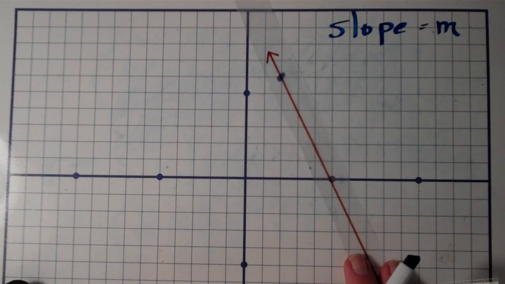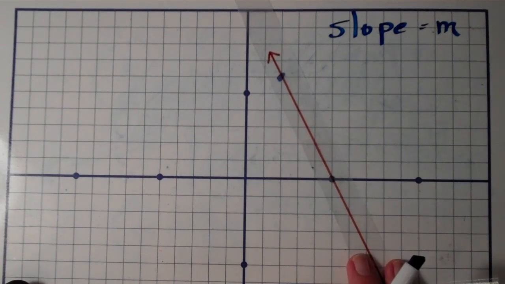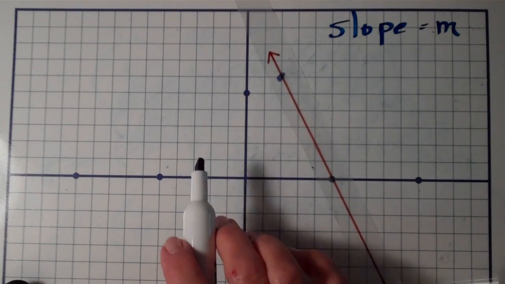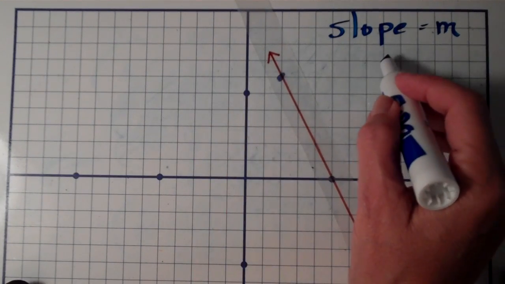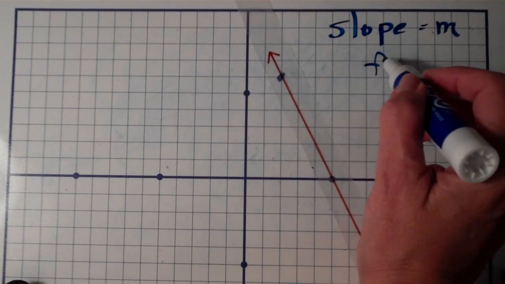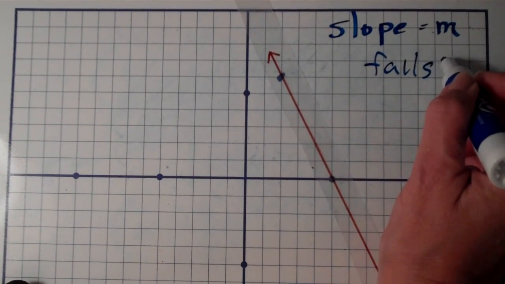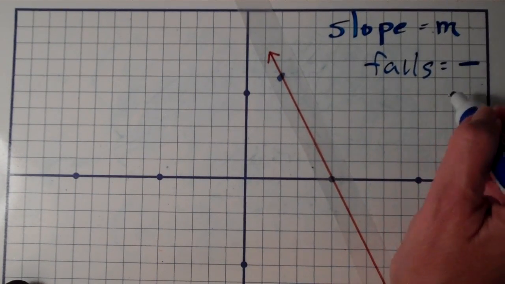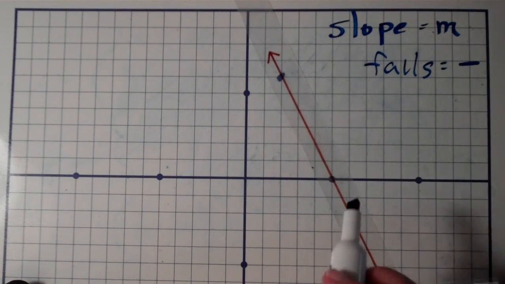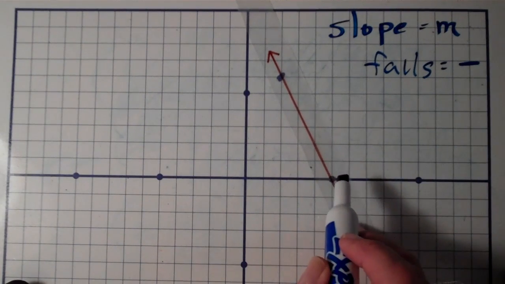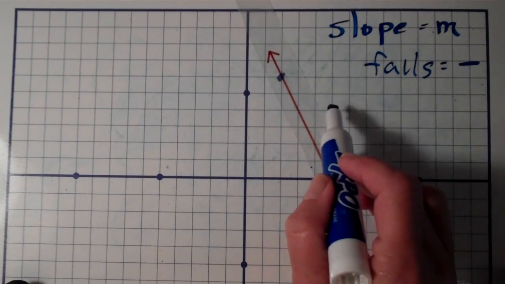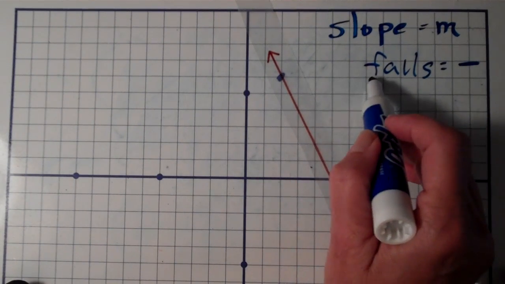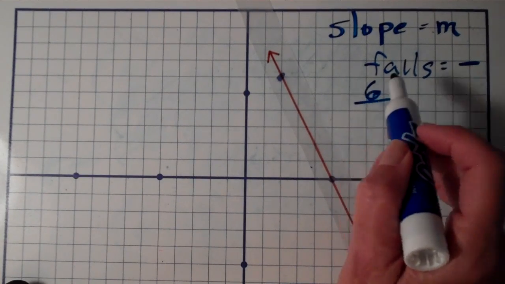If the line falls, as you're reading left to right, it is called a negative slope. Alright, let's check this one. From this lowest point, the rise is 1, 2, 3, 4, 5, 6. So my rise is 6.